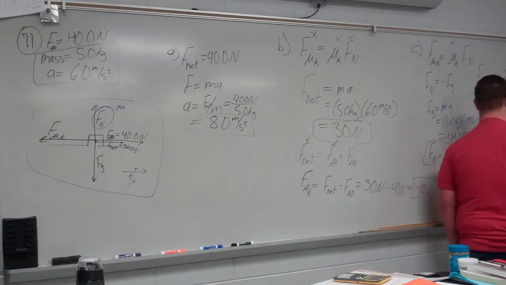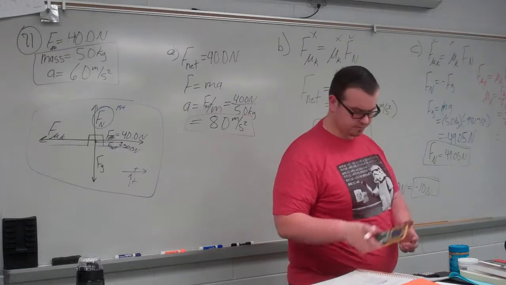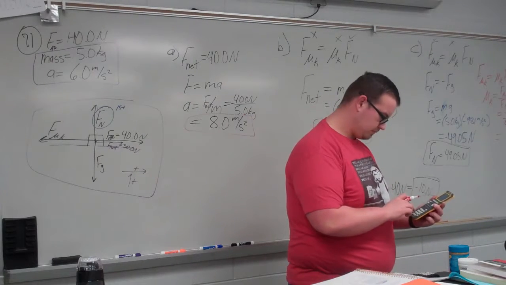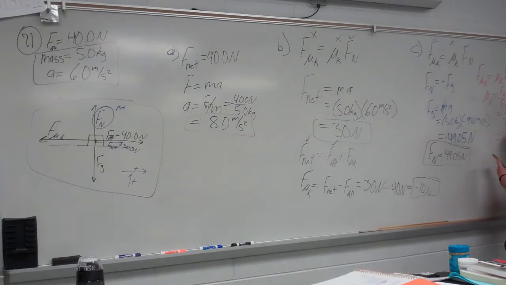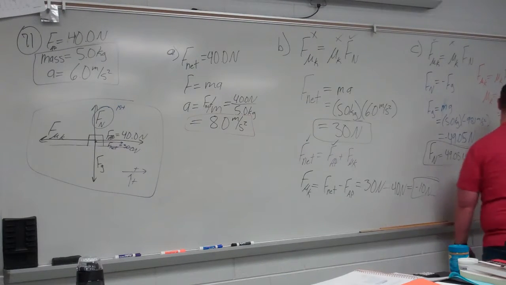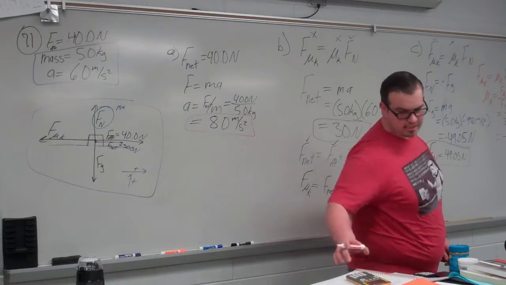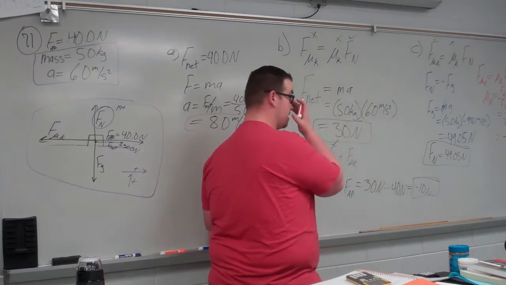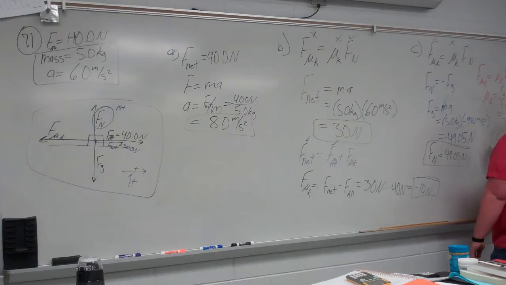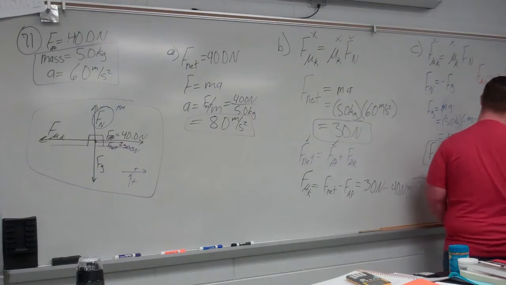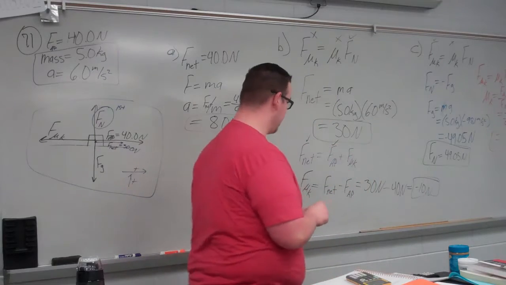Newtons cancel, leaves me with negative 0.2039. There's no units with it, and since it's a coefficient of friction, there's no need for the negative. It's kind of like the magnitude thing we talked about in class. So the answer to C is 0.2039.